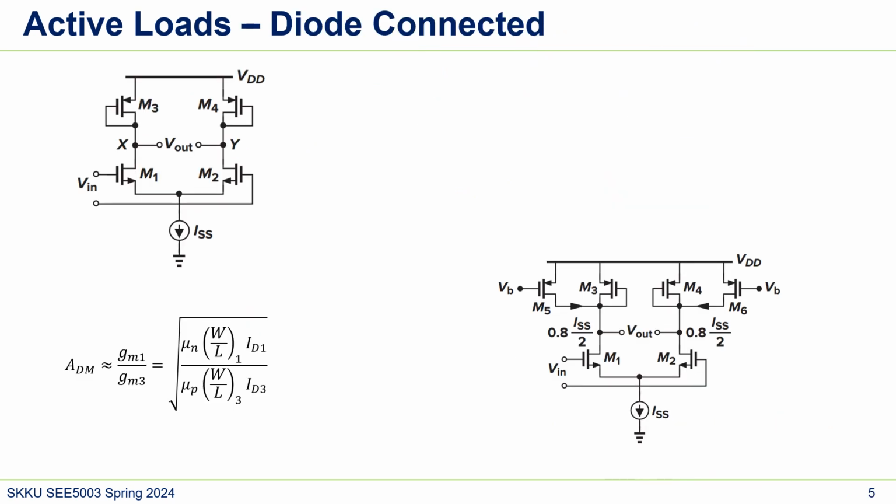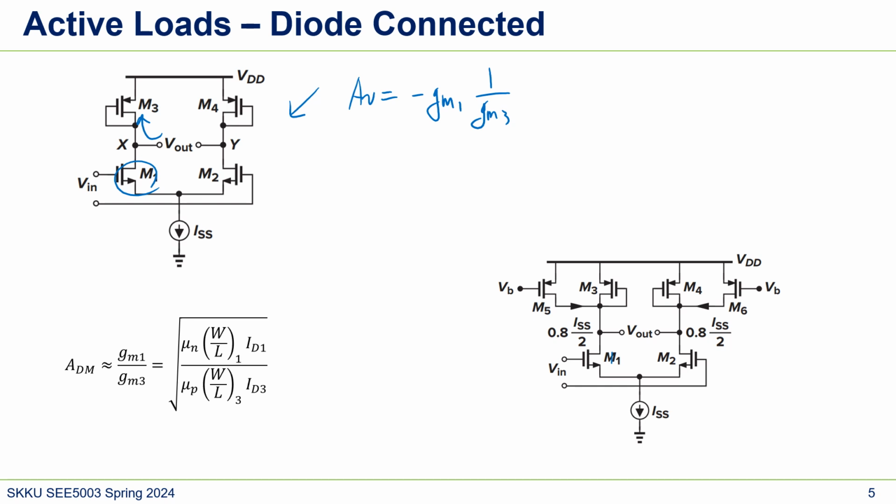And there's the diode connected load. This is the same as the common source amplifier that we learned. For this one, the gain would be minus gm1 times, and the impedance looking into there is 1 over gm3, right?